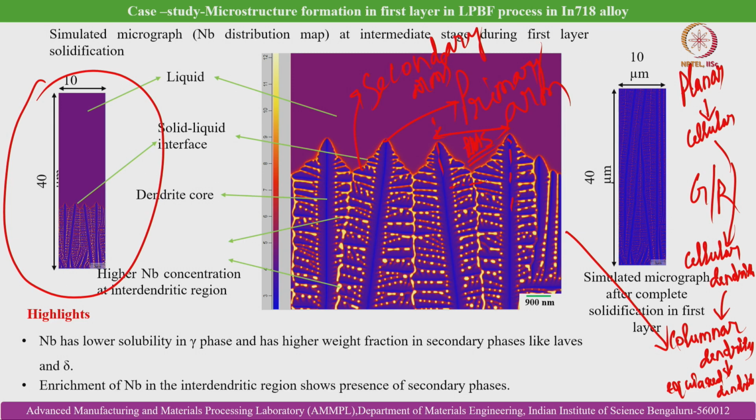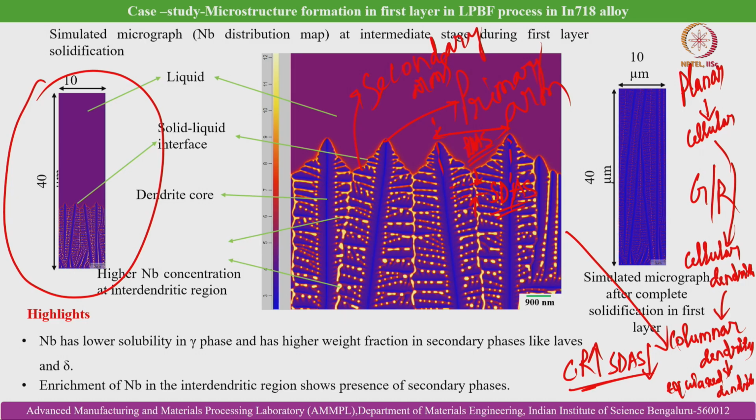Between two neighboring secondary arms of the dendrite, you measure the SDAS, secondary dendrite arm spacing. As we discussed earlier in the case of casting, as your cooling rate goes high, your SDAS goes down, and lesser SDAS points towards enhanced mechanical property of the deposited build sample.